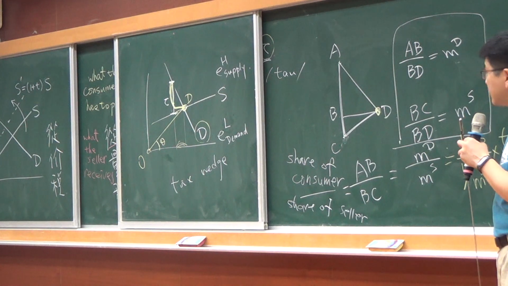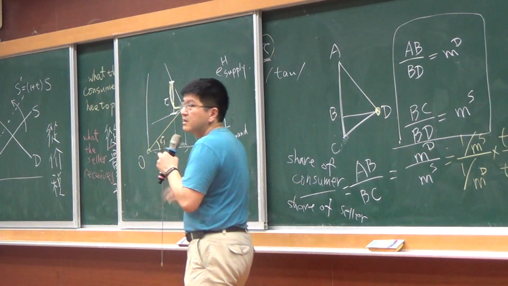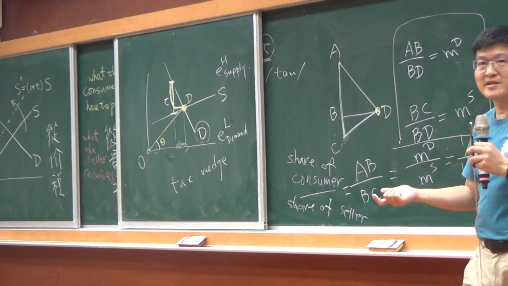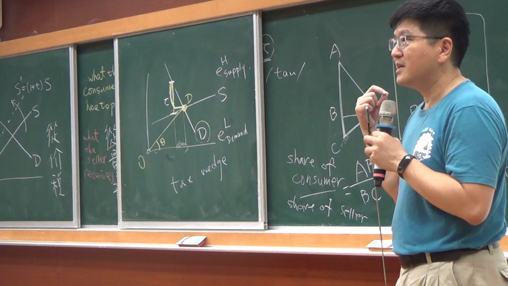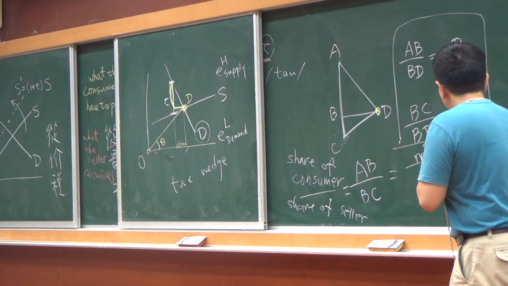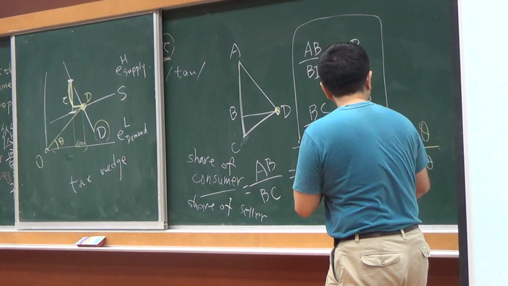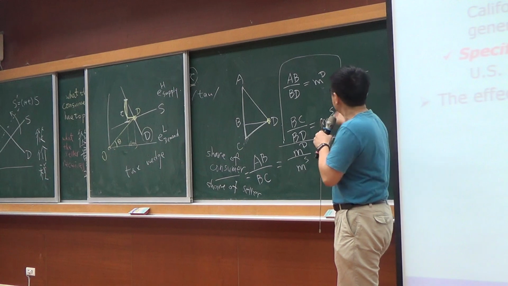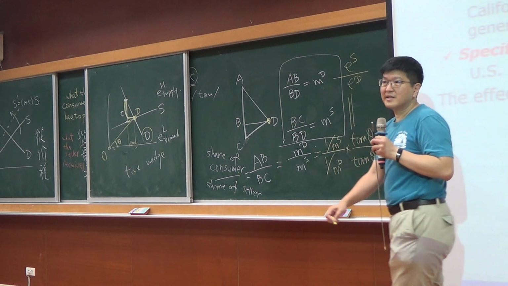The angle is theta, and we call this the tangent. Tangent divided by a slope, what is that? We mentioned that last week, right? It's elasticity, is that right? So, okay, where should I put it? Okay, here. It would be the elasticity of supply and the elasticity of demand, right?